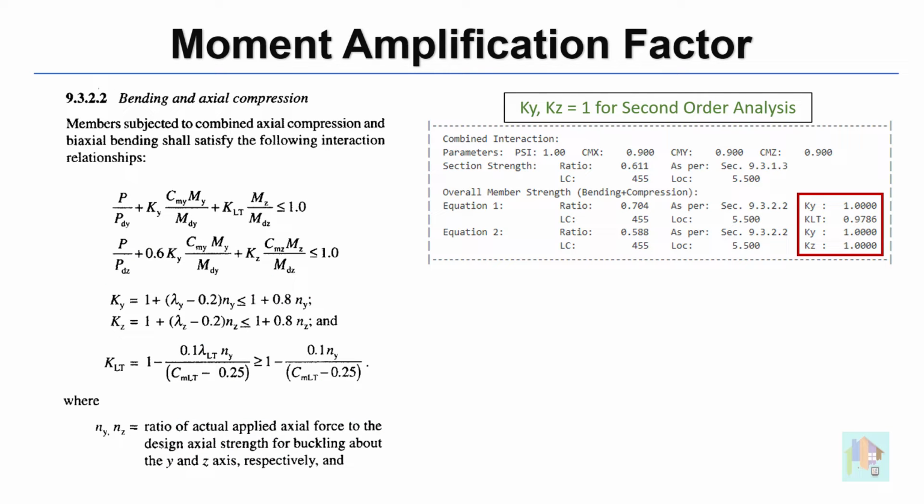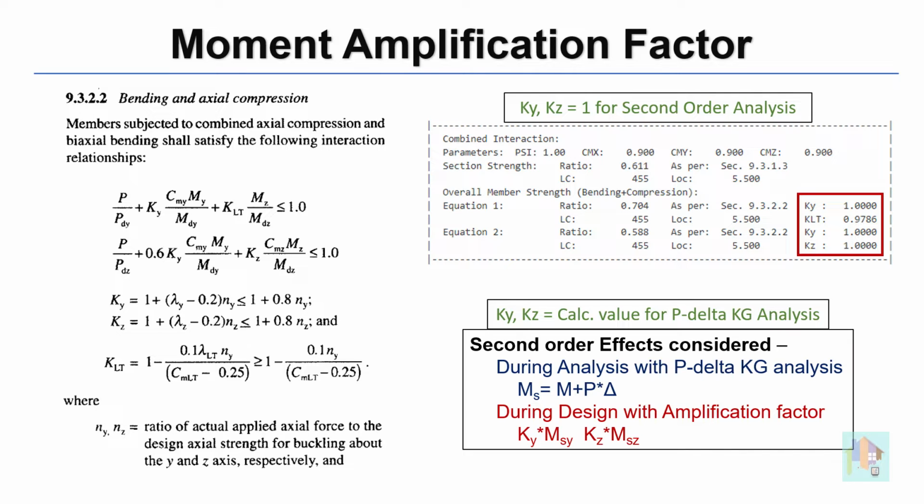Instead, when a second order P-delta analysis is performed, KY KZ value is considered as 1 as moment is already amplified during analysis. Additional moment amplification during design is not required, but when P-delta Kg analysis is used, this logic was not followed in the earlier version.